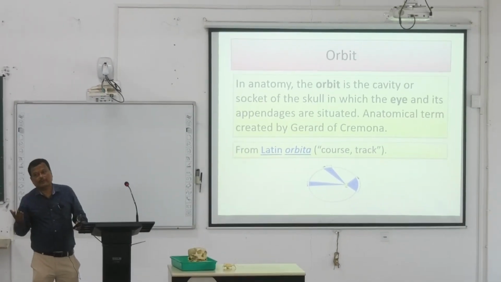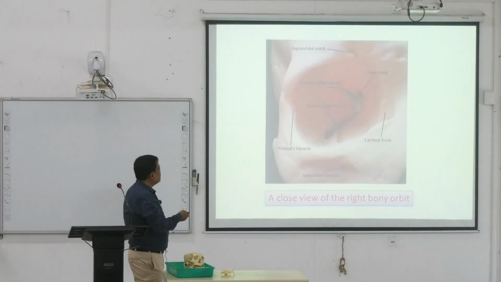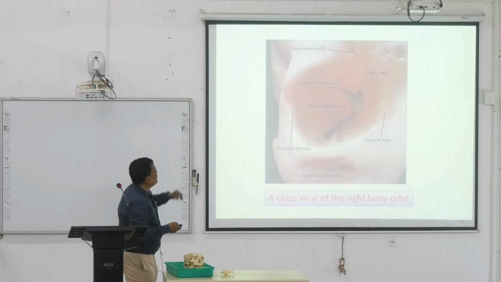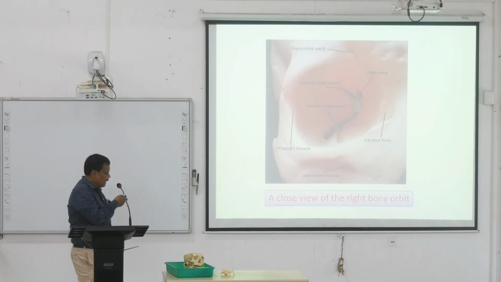There is no need to know more of this, it is a time issue. So this is the orbit. This is the orbit, close view, and now you can look.